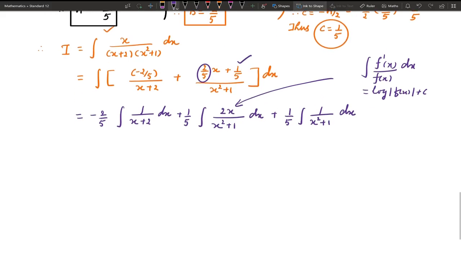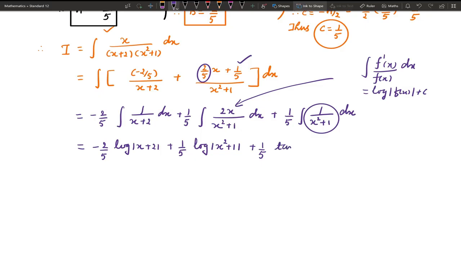So term wise we can integrate: minus 2 by 5 log mod x plus 2, plus 1 by 5 log mod x square plus 1, plus 1 by 5. This is of the form 1 upon x square plus 1, so tan inverse x, plus the constant of integration.